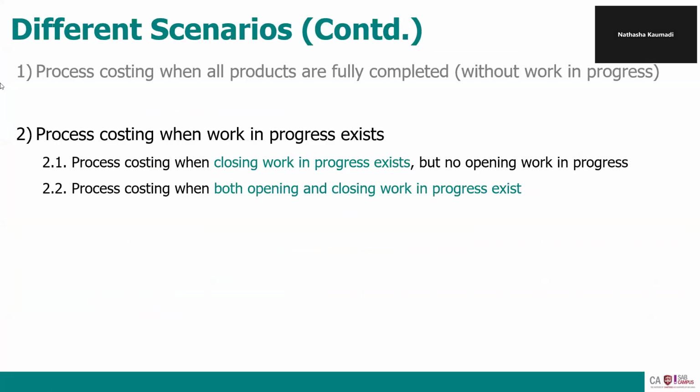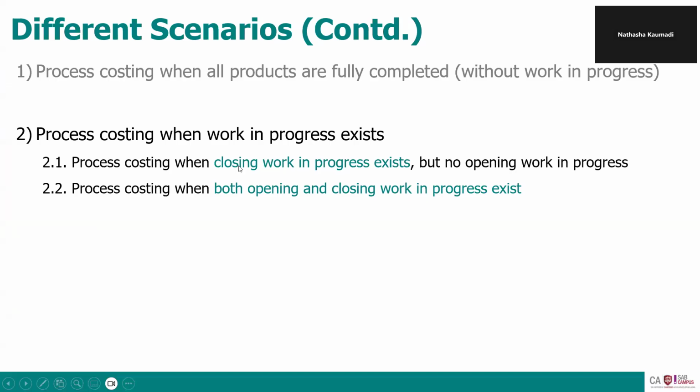But now we are slowly moving to scenario 2, having process costing when work in progresses exists. We have incompleted units. So I told you there are two types of incompleted units actually. Opening WIP and closing WIP. Opening work in progress, closing work in progress. Look at 2.1.